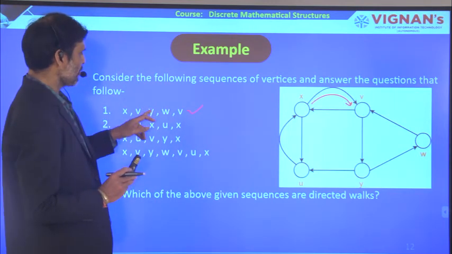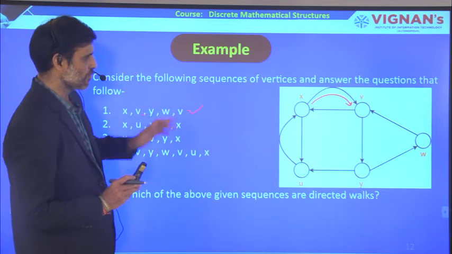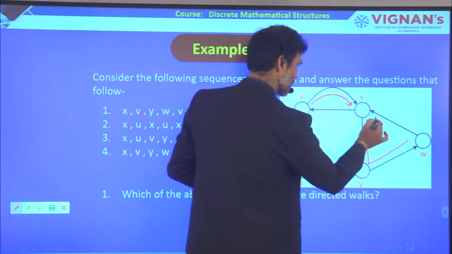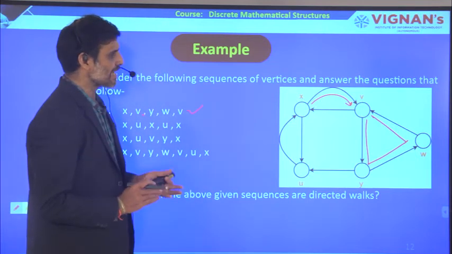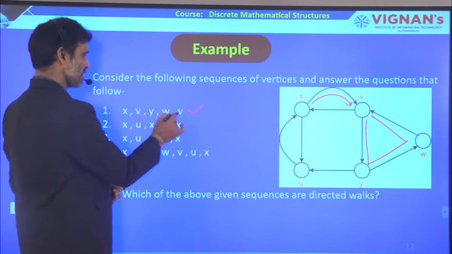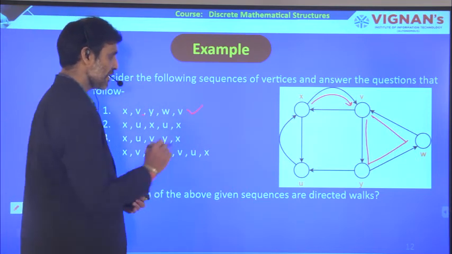X to v, v to y, y to w, w to v. This is what is given. So clearly it is a walk. Irrespective of vertices repeated and edges repeated, it doesn't matter, it is a walk. Clearly it is a directed walk.